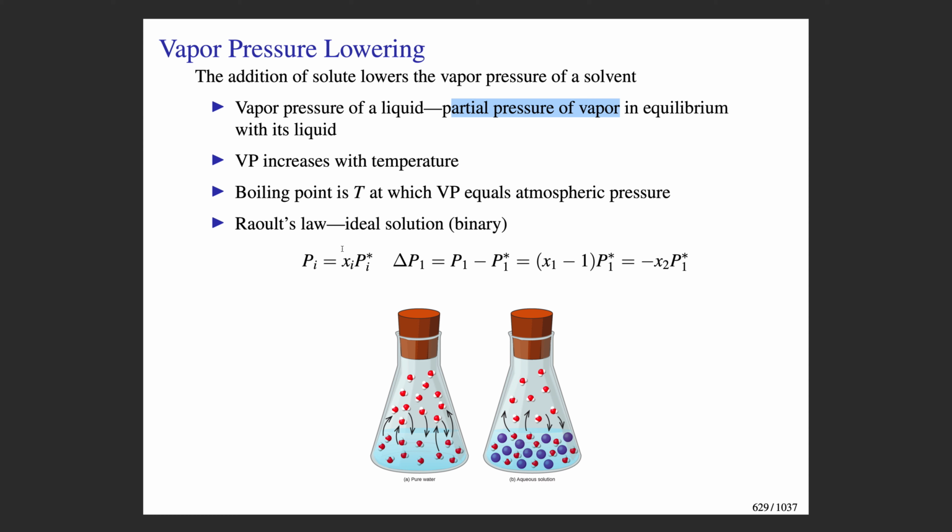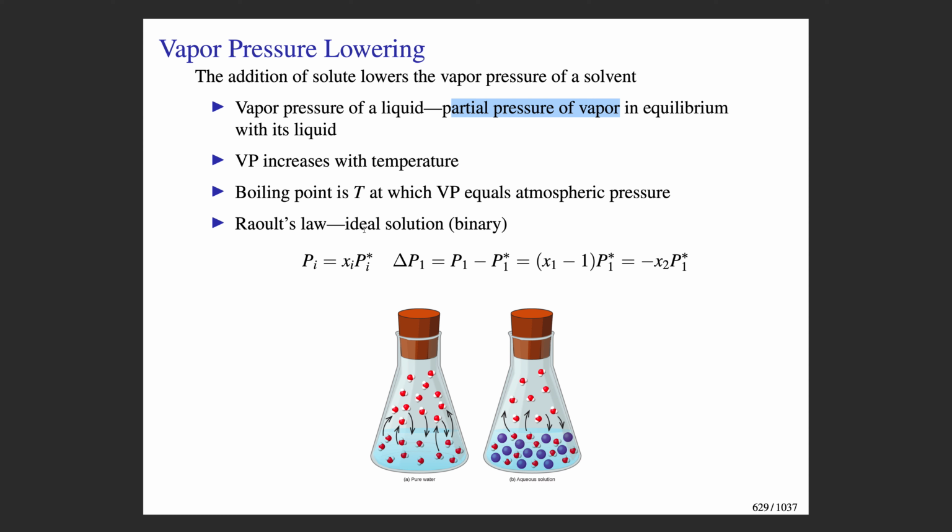Let's see here. We haven't discussed yet Raoult's law. So we've discussed an ideal solution. That's one where the molecules of the solute and the solvent are roughly the same in terms of their size, shape, and chemical structure.